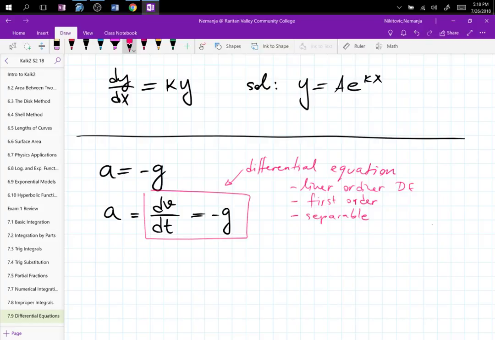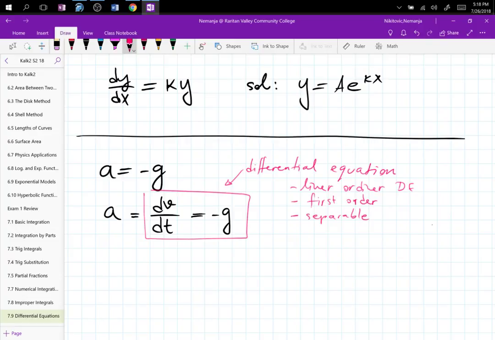It's first order because it's a first derivative. It's linear because there is no dv dt squared, there is no y squared, there is no sine of y. So all of those kinds of things will introduce what we call non-linearities, right? Squares, cubes, square roots, all of that kind of stuff. It's a little bit trickier than that.